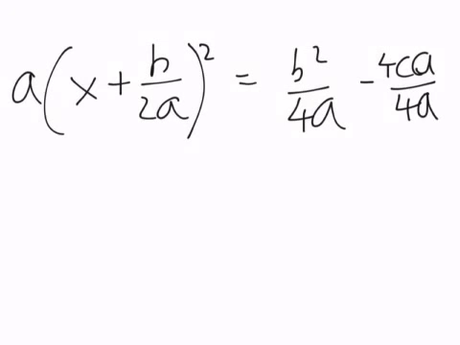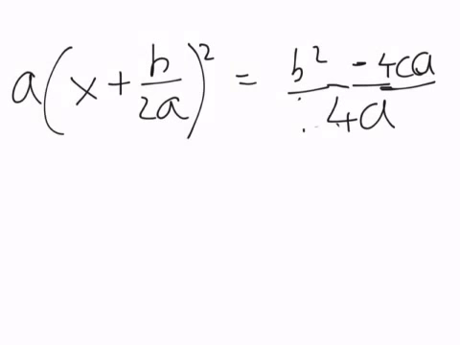Doesn't actually change anything. Times something by the same number and divide it by the same number, it doesn't change anything. The reason why I'm doing that is so then I can merge the denominators together. As you know, you can only merge two fractions together, so minus or plus, if the denominators are the same. So I've just done that.